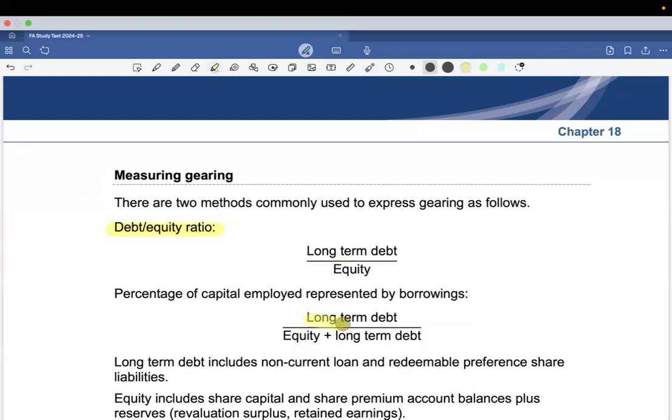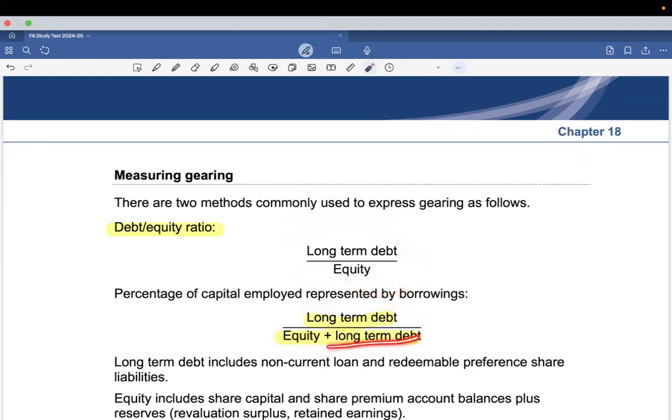And the most commonly used equation is this one. Understood? Either you can study it as long-term debt by equity, but the chances are when this question comes in your exam, there won't be an option that you can select which would be equal to this equation. Understood? There would always be answers which relate to this equation. So the first equation is debt by equity.